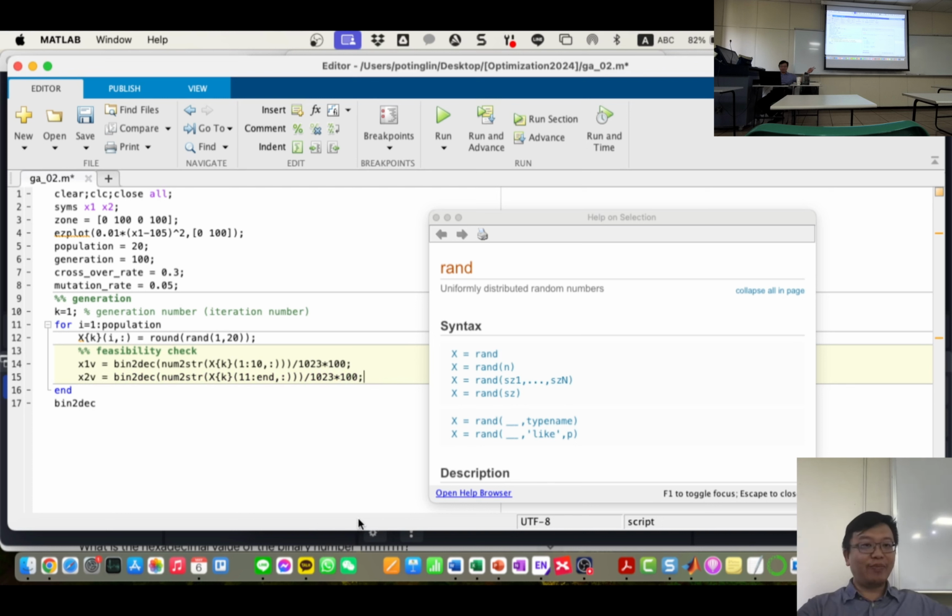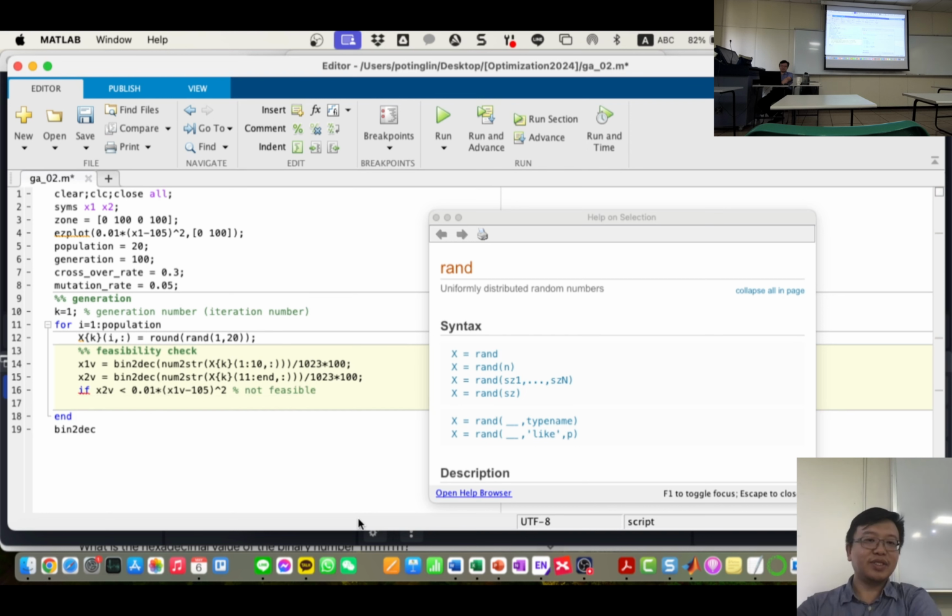So once I have them, I just need to plug into the constraint, see if I satisfy the constraint. So if the x2 value is smaller than 0.01 times x1 value minus 105 squared, if this is happening, that means not feasible, right?